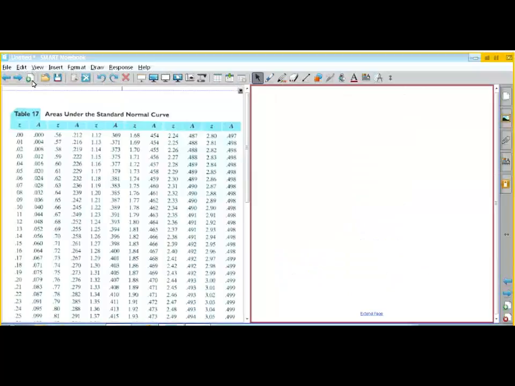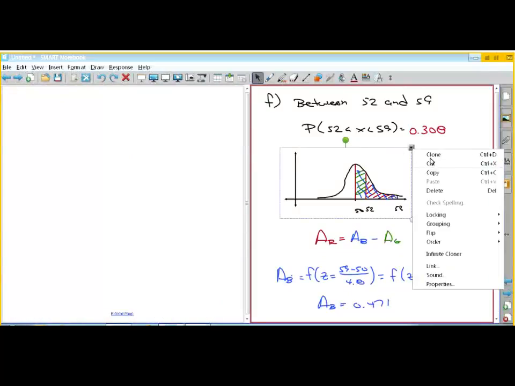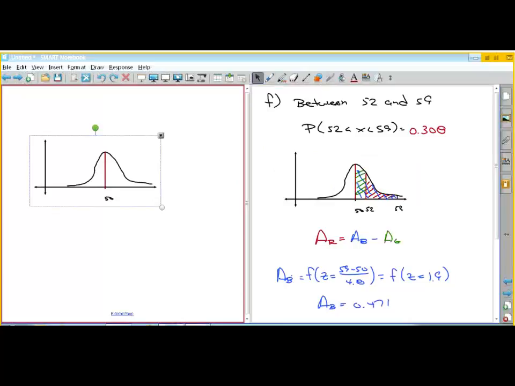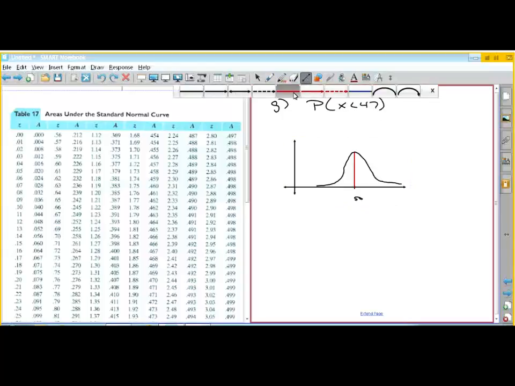Okay, and the last example is G. Less than 47. So what's the probability that X is less than 47?